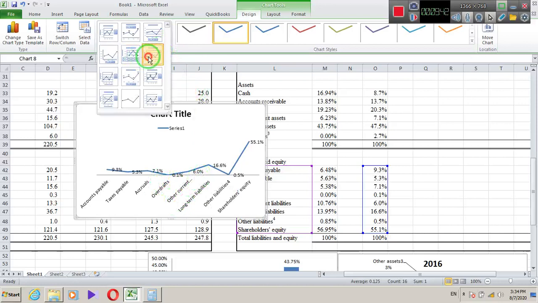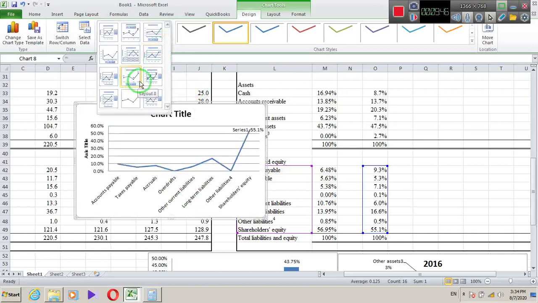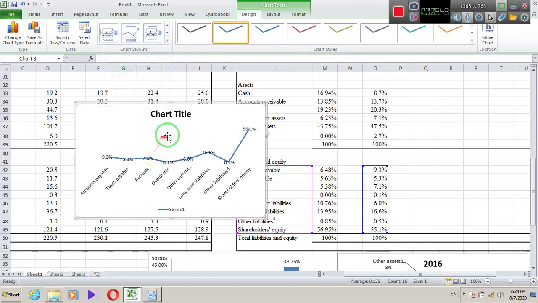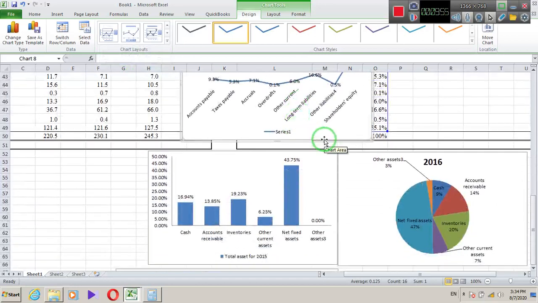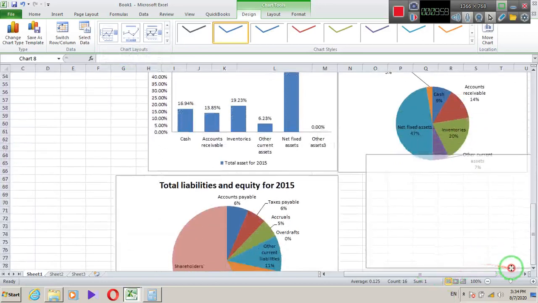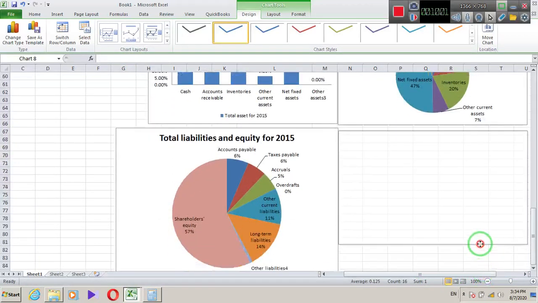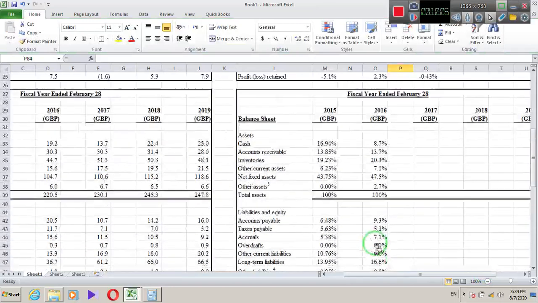So each and every element is presenting its percentage in every point. So that is the representation of another part of the balance sheet that we presented graphically.